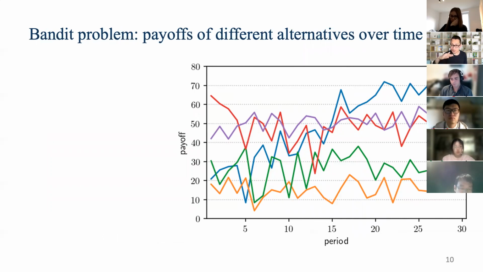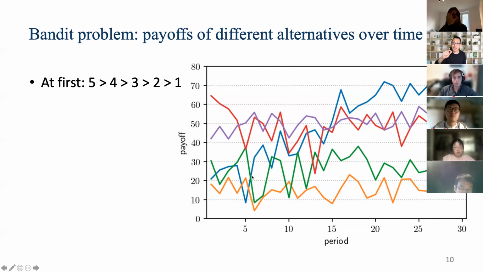It actually follows a normal distribution. What is interesting to observe here is that at first, this blue one, which I call alternative 1, has a kind of low average payoff, right? But over time, the payoff changes.